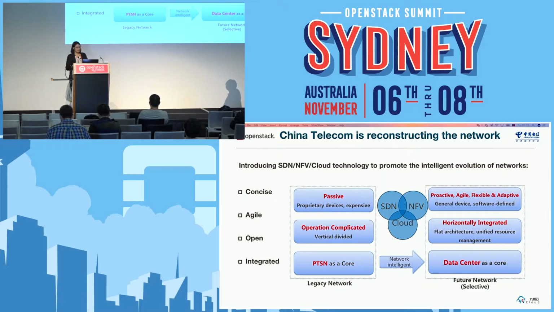This new network we call CTNet 2025. It is built on SDN, NFV, and cloud technology. Compared to a legacy network, it's more intelligent, data center oriented and horizontally integrated, with a flatter architecture and unified resource management. It will be proactive, agile, flexible, and adaptive to all network services.